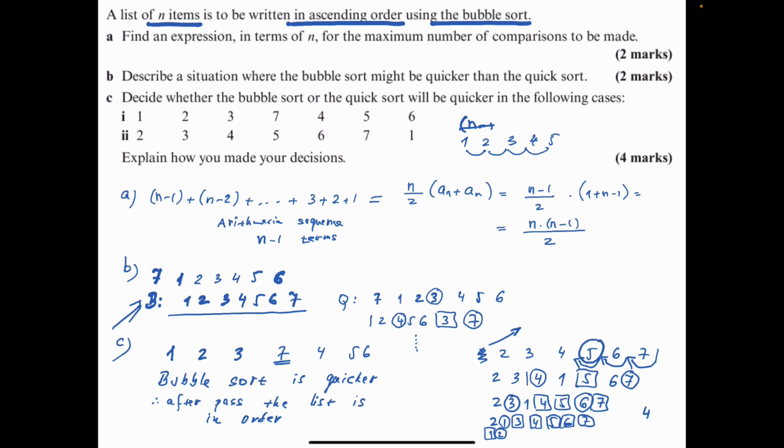Okay, so in this case the quick sort would be faster. The reason that you can write is because in the bubble sort, number 1 would only move 1 place at a time with each pass, okay?